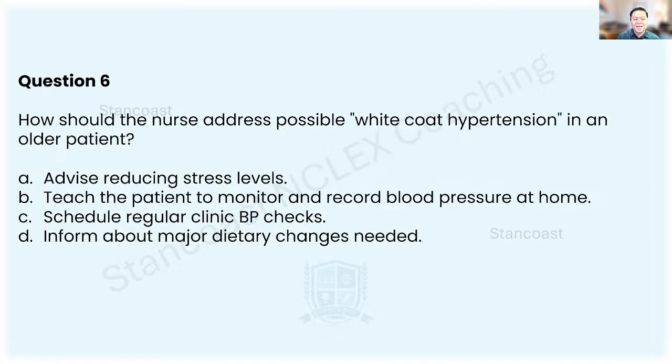Is it A, advise reducing stress levels, B, teach the patient to monitor and record blood pressure at home, C, schedule regular clinic blood pressure checks, and D, inform about major dietary changes needed? Let me see your answer, guys.